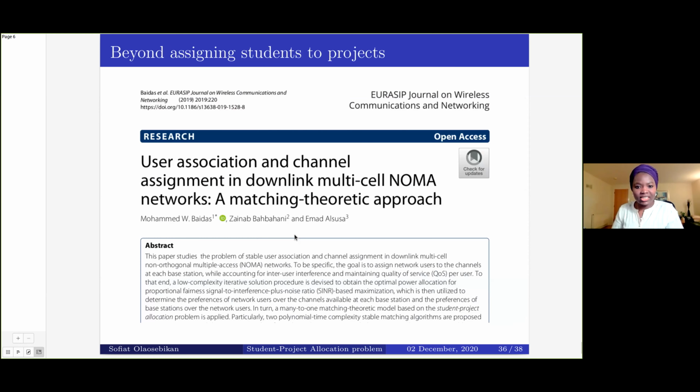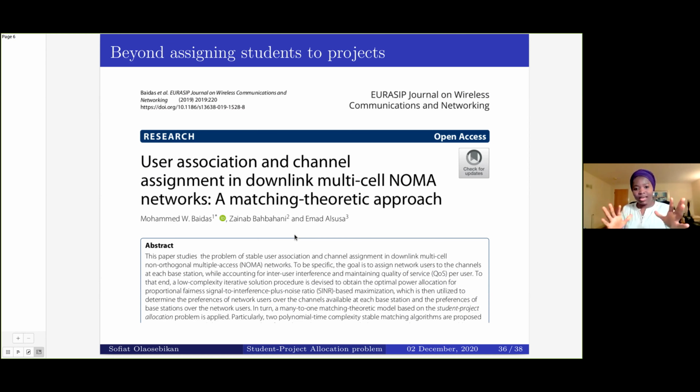But something interesting I want to mention before I finish my talk is that towards the end of my PhD, I was scraping the internet, looking for papers, trying to tie up my literature review. Then I came across a paper where all of the algorithms existing for the student project allocation were being applied in an application where users seek to be assigned to networks.